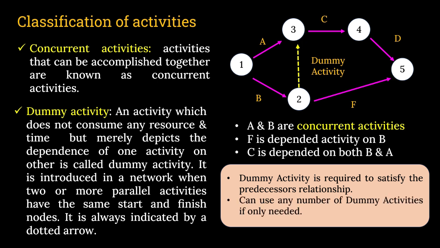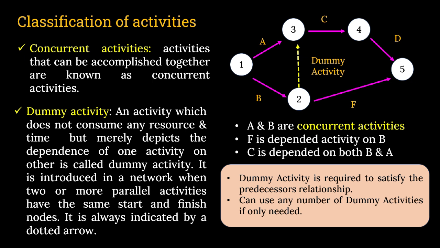You can use any number of dummy activities in any project, in any network whenever it is needed. If you need to put a dummy activity to fulfill this dependency criteria, rather the predecessor activity relationship, you need to put the dummy activity and you can put a number of them there, because a dummy activity does not consume any resources nor any time.